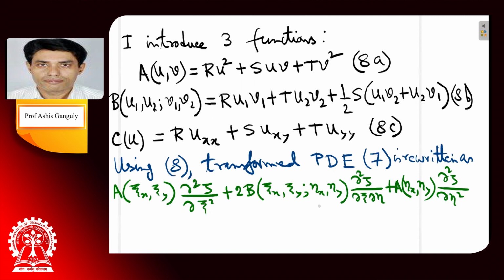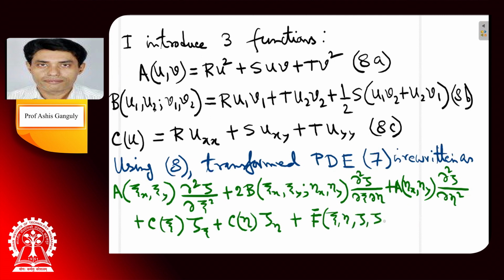You can write plus, in terms of my third function, c of xi times zeta xi plus c of eta times zeta eta plus some function. Okay, I am using f bar, which is a function of xi, eta, zeta, zeta xi, zeta eta, equal to 0.